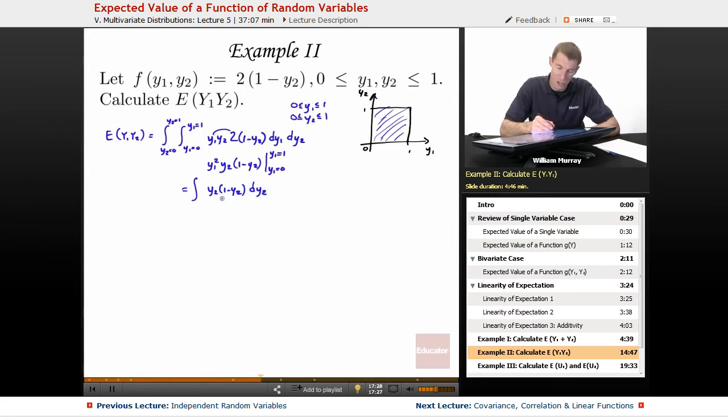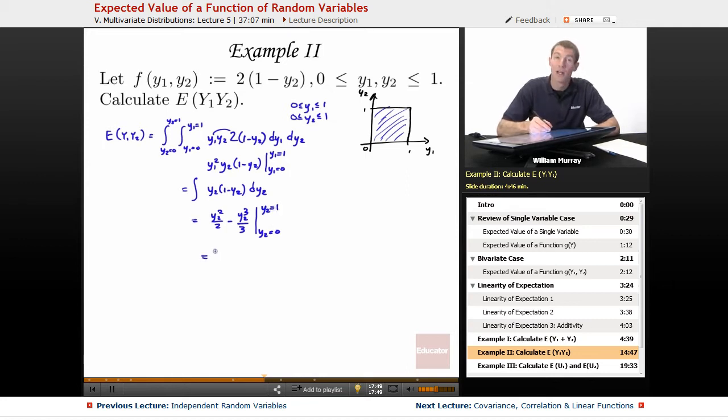And so that's y2 minus y2 squared. Well, the integral of y2 is y2 squared over 2. The integral of y2 squared is y2 cubed over 3. And I need to evaluate that from y2 equals 0 to y2 equals 1.